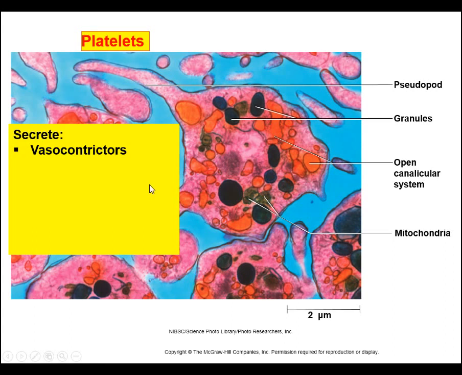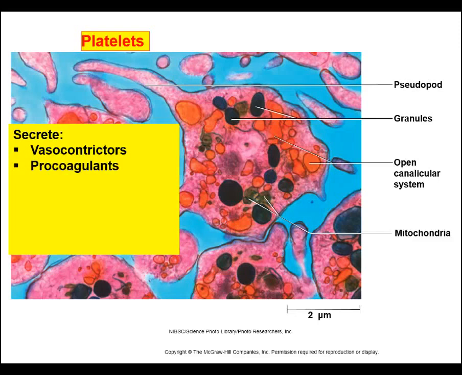Let's think for just a second about vasoconstrictors. When would we vasoconstrict when we're talking about platelets? Well, doesn't that make sense? We have a situation where capillaries are torn open, or arterioles, and so the platelets in the area can release vasoconstrictors, which would cause those vessels, the lumen, to shut down, and that would reduce the blood that was flowing into the area.